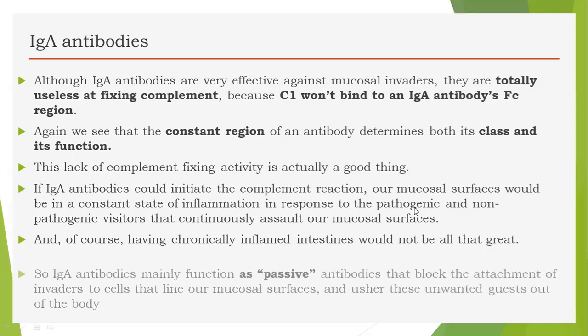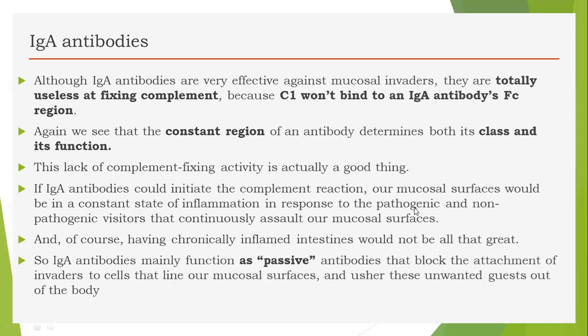And of course, if we are in a state of inflammation all the time, I don't think that's a good thing, and it's literally pathological in itself, being in a constant state of inflammation. So that's why immunoglobulin A functions more as a passive antibody that is responsible for blocking binding to pathogenic entities that are coming through the mucosal lining, wanting to invade it.